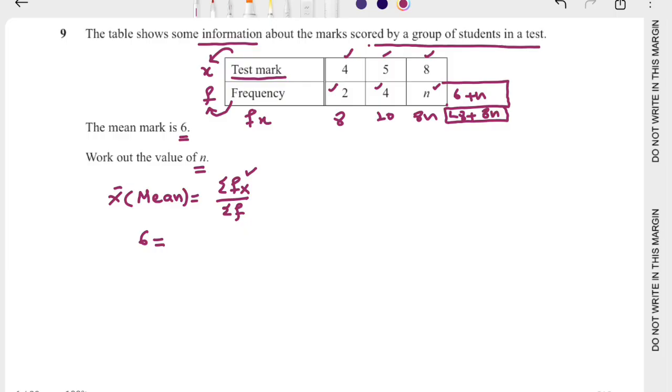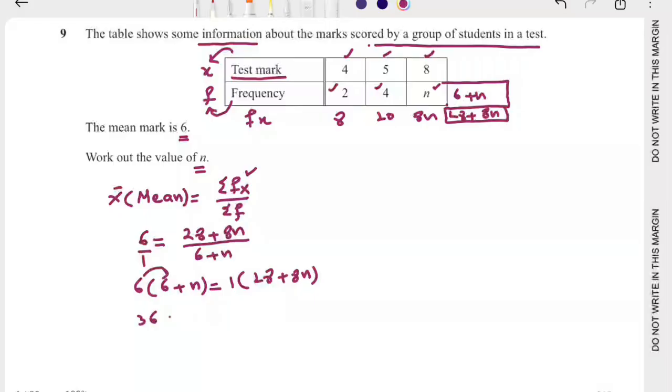Now substitute values: 28 plus 8n divided by 6 plus n. We do cross multiply: 6 bracket open 6 plus n, and 1 times bracket open 28 plus 8n. So it becomes 36 plus 6n is equal to 28 plus 8n.